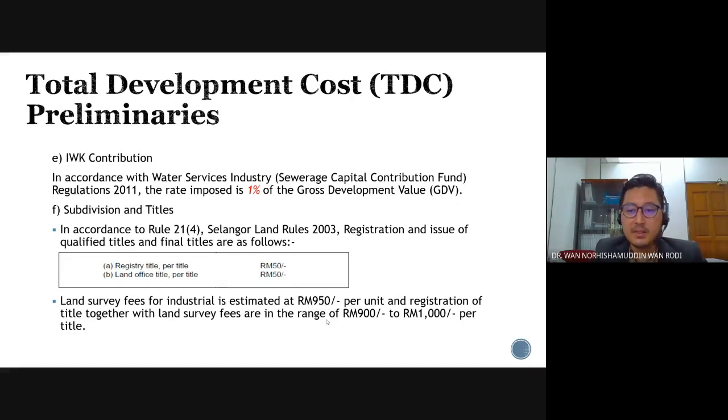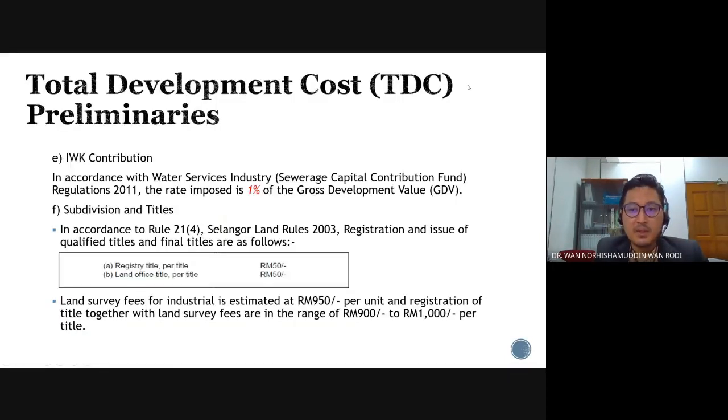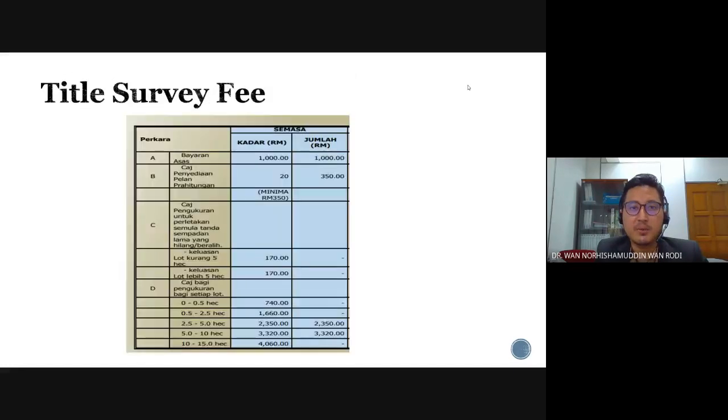So I think this is the title survey fee. The latest one: you have to pay the basic fee of around 1,000 ringgit for title survey fees. In total, maybe around 1,000 to 1,050 ringgit per unit or per title. So you have to pay.